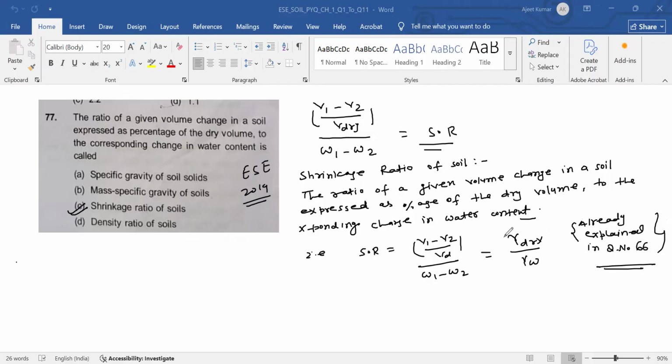So why this expression comes, how this expression comes, you can go and revisit question number 66. So this question is over.